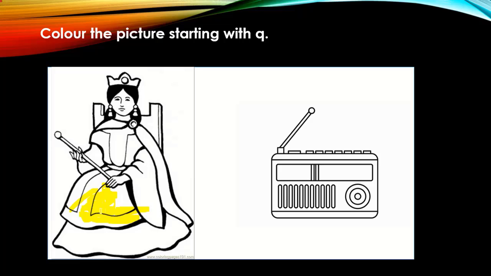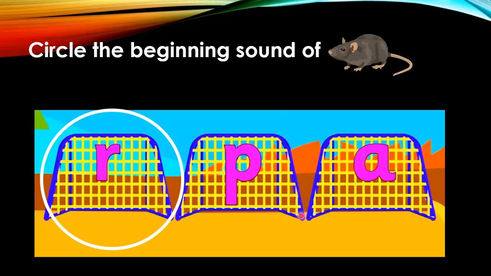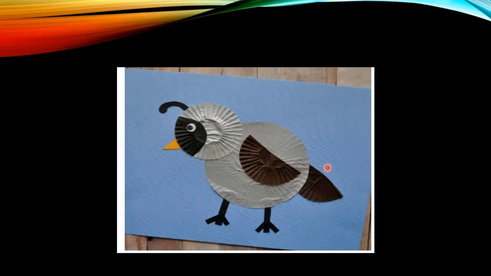You can use any color you want. Now let's circle the beginning sound of rat. Rat. What is the starting sound of rat? R. Good.